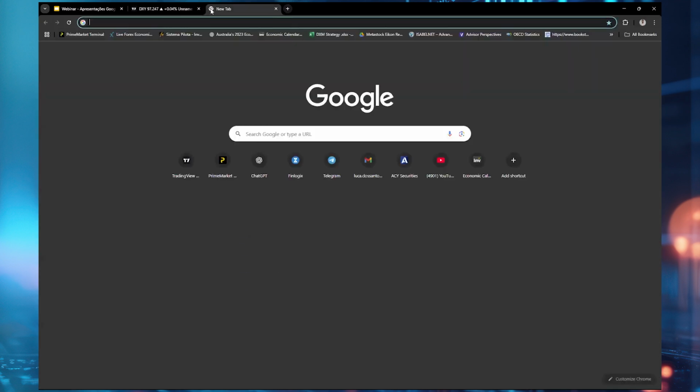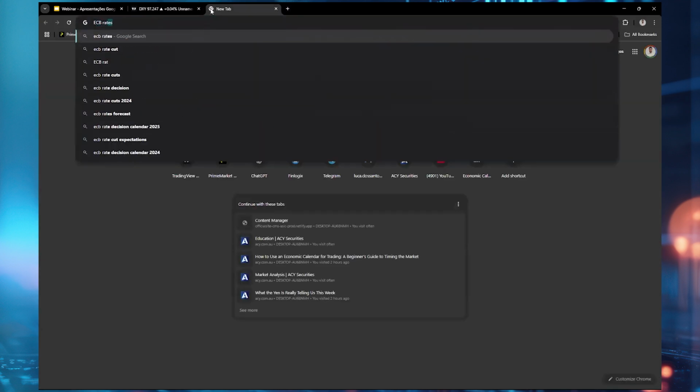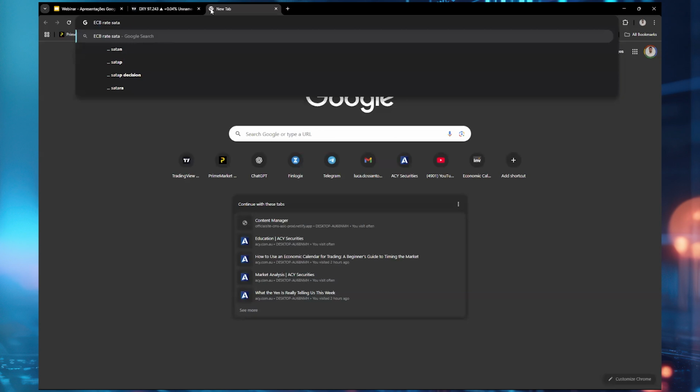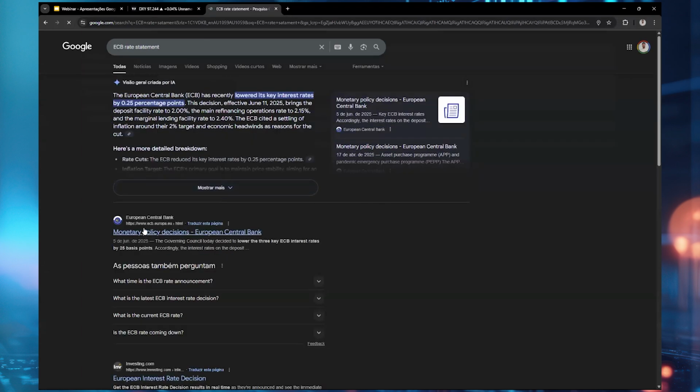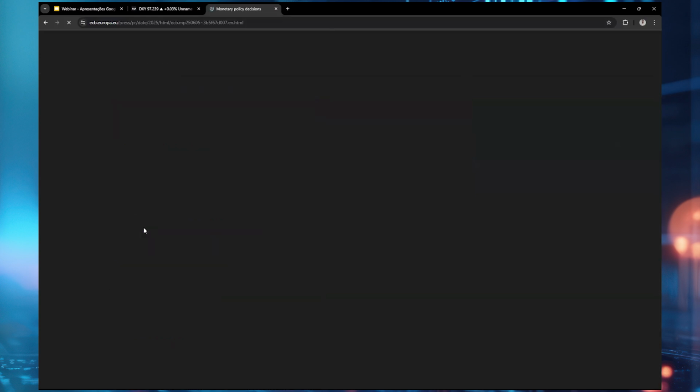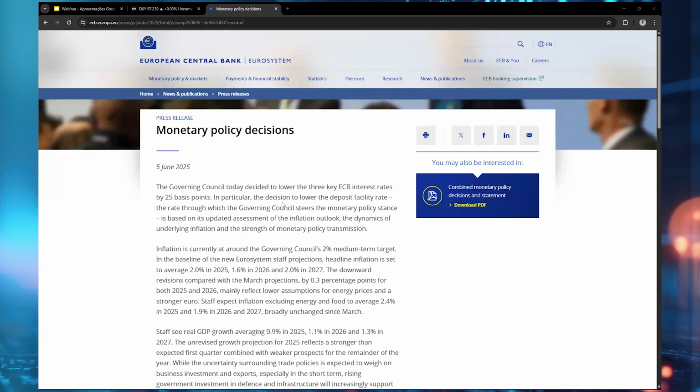Now the ECB rate statement, you can find it on the ECB website. I'm just logging in, not a problem. So that's from the 5th of June, so last month.